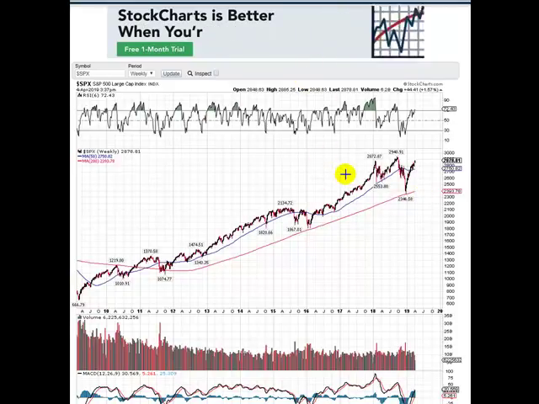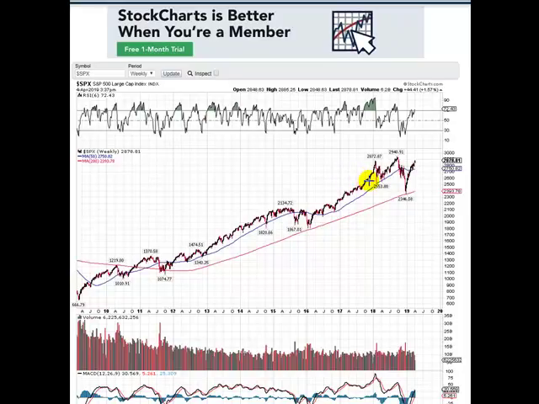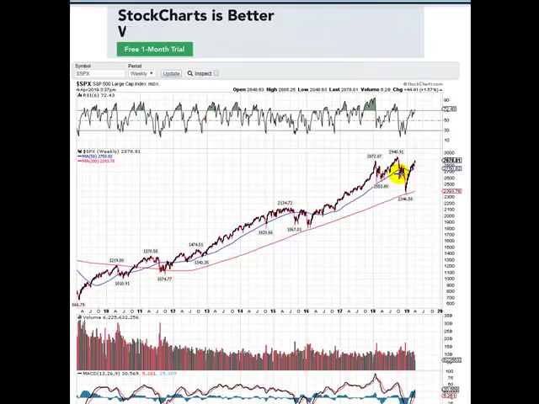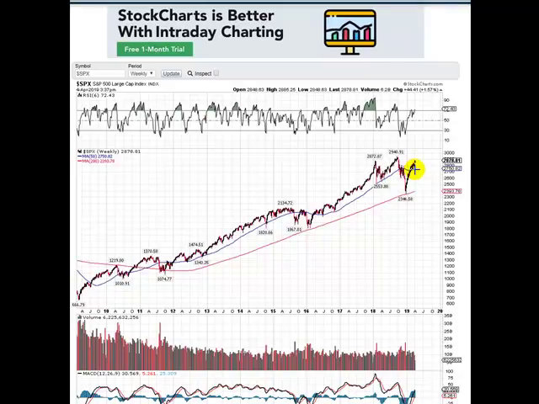So if that sounds like a bunch of gibberish to you, just know in a nutshell that means the market is way overextended here, way risky, way expensive in price relative to the average earnings on the S&P 500, which is the 500 largest companies in America. It's funny that the S&P 500 index actually tracks something like 503 or 504 companies, but anyway.